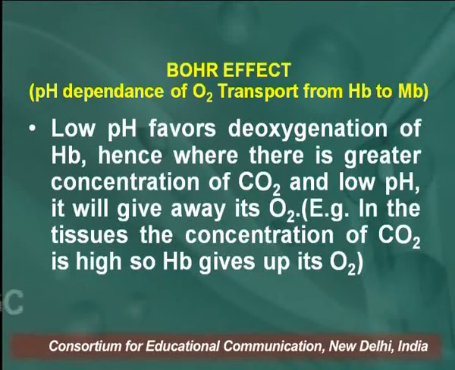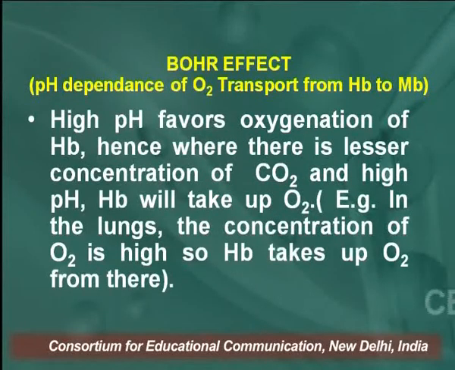Hence, where there is a greater concentration of carbon dioxide, meaning a low pH, since carbon dioxide is an acidic molecule, hemoglobin will give away its oxygen. Example, in the tissues, the concentration of carbon dioxide is high, so hemoglobin gives up its oxygen.